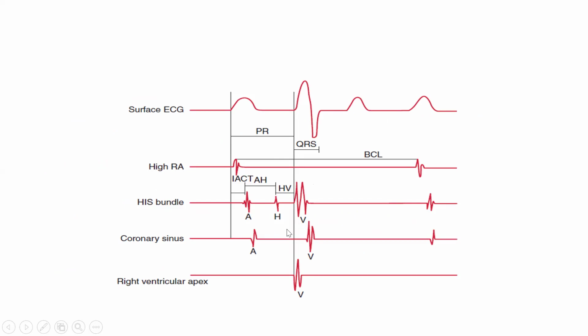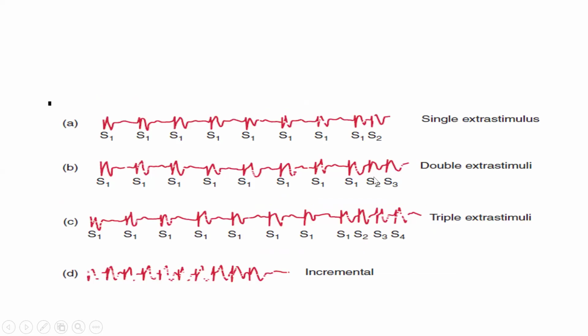Now, another thing you can do is add another premature beat shorter than the beat at which you are pacing it. Premature beat means that the duration is shorter. The impulse came at a premature timing. That can be at maybe 160 beats per minute.